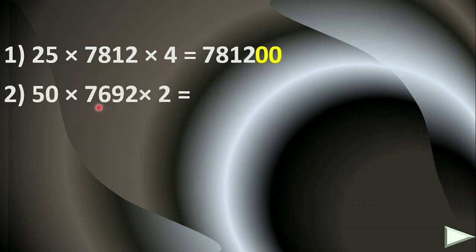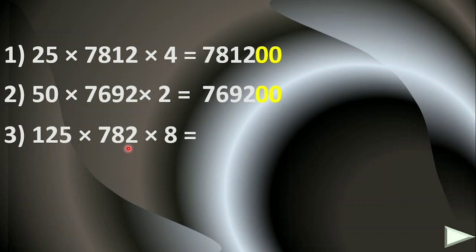Write down 2 zeros after 7,812. Next, write down 7,692 only, and put 2 zeros after it, as 52s are 100. It's easy.